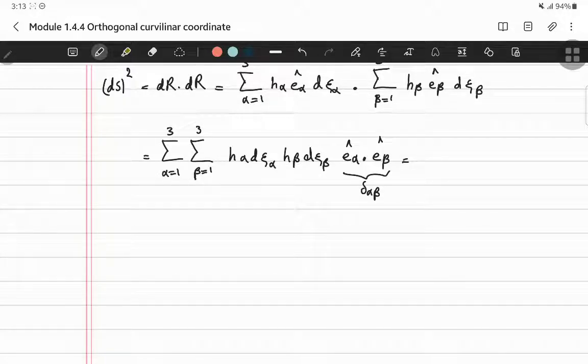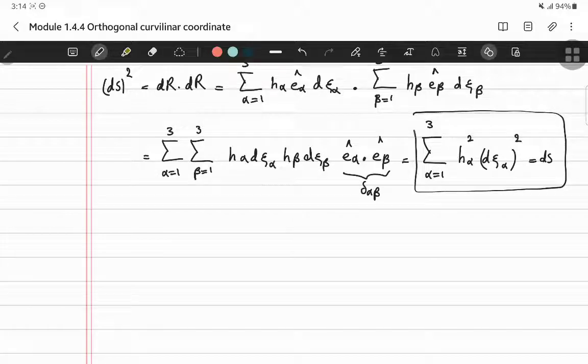Therefore, alpha is equal to beta. Therefore, it becomes H alpha squared, and then we have dZ alpha squared. And that's it. So this is ds. This is also another important equation here.